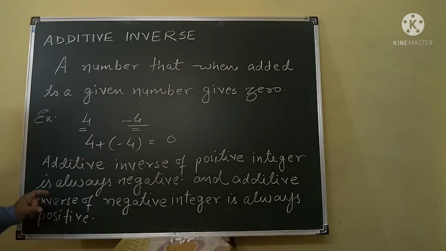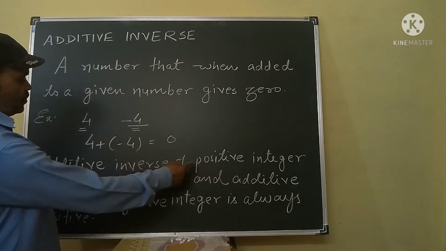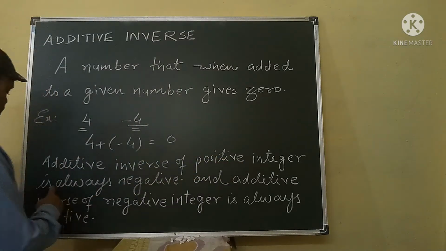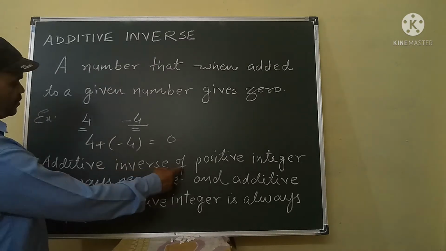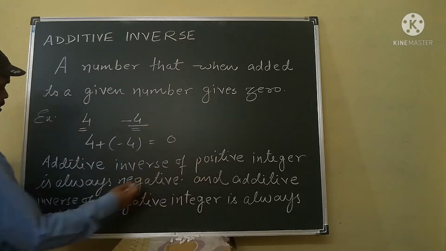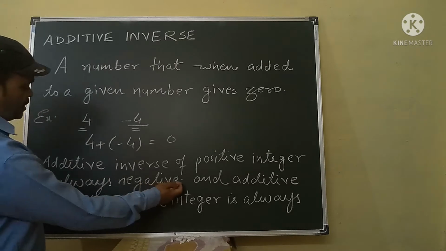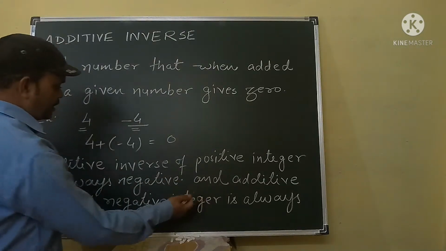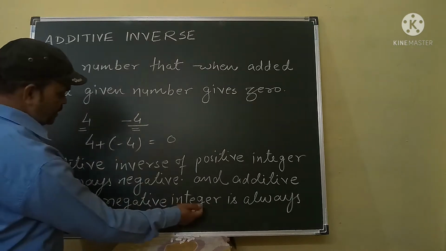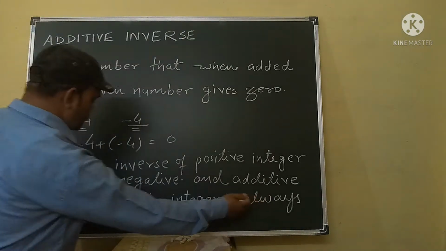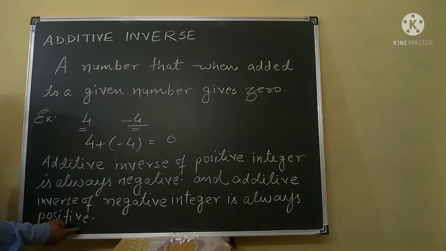That is one simple basic point. Additive inverse of a positive integer is always negative, and additive inverse of a negative integer is always positive.